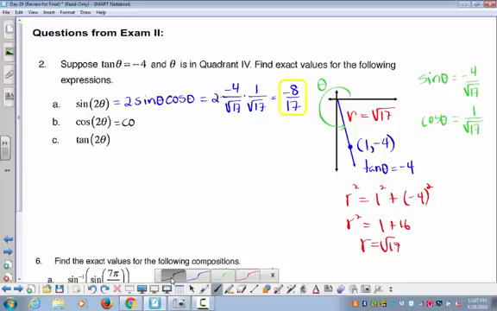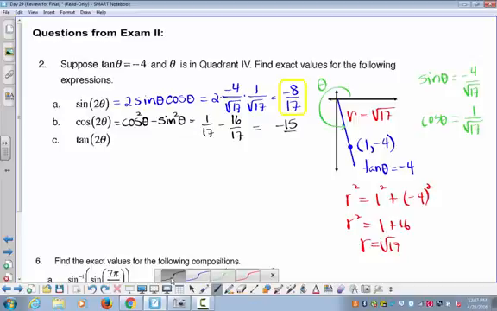Exactly. Our formula is cosine squared of theta minus sine squared of theta. So we take cosine of single theta and square it. That's 1/17, minus we take sine value of single theta and square it. That's 16/17.